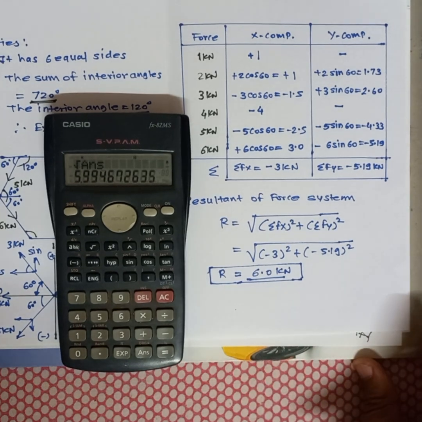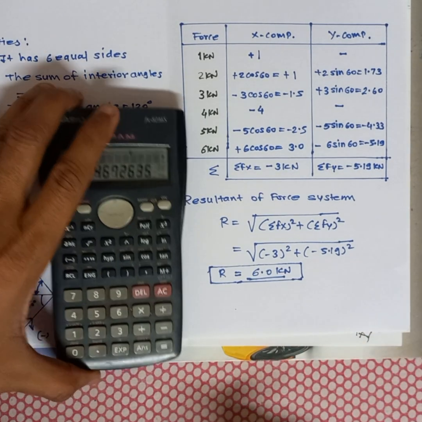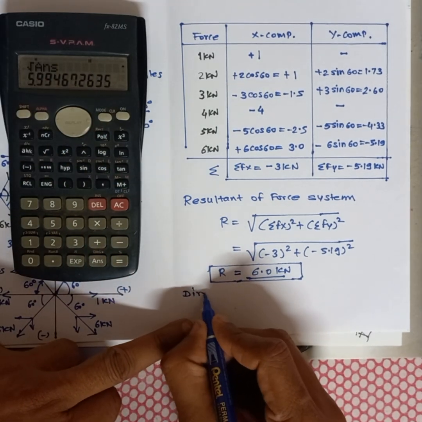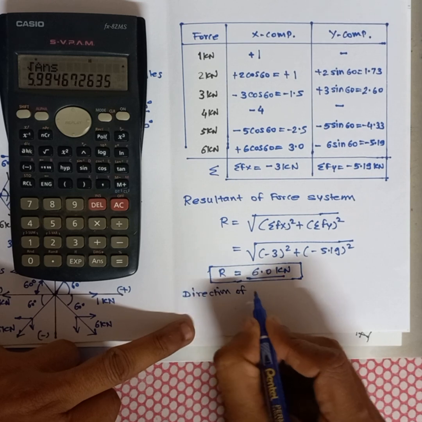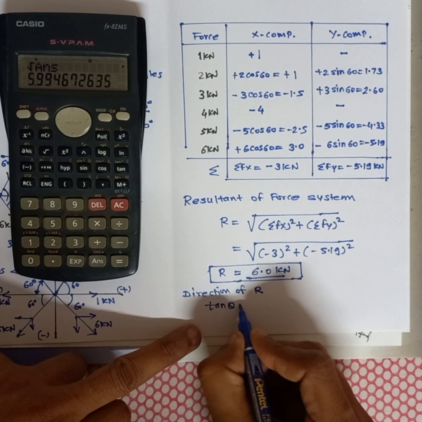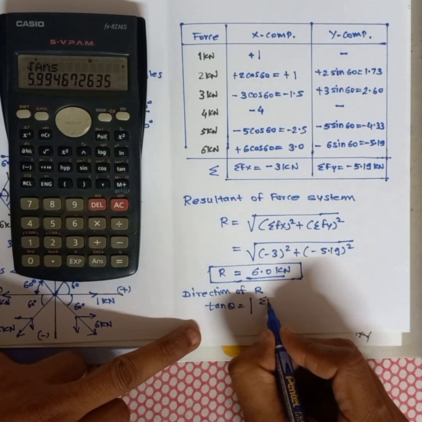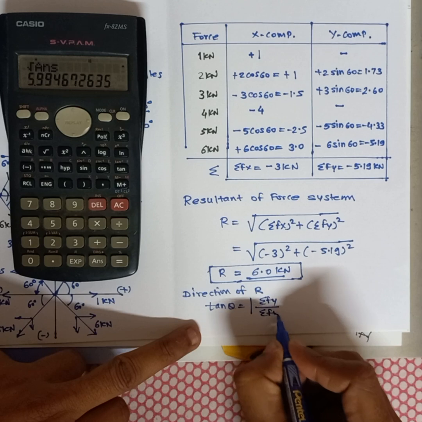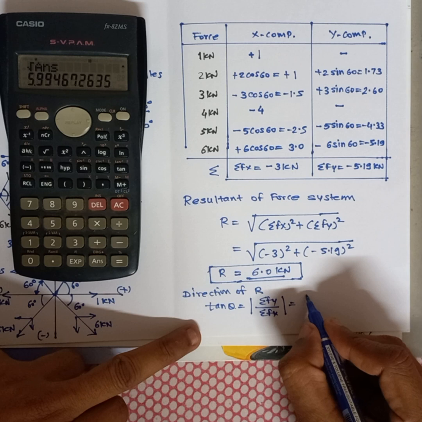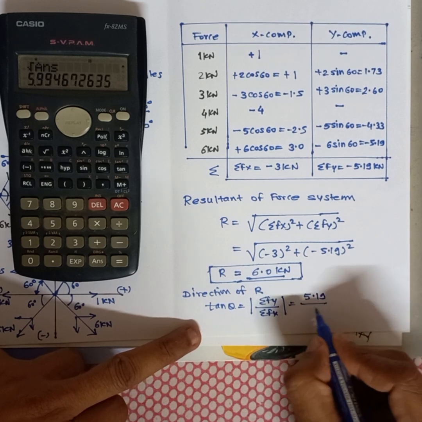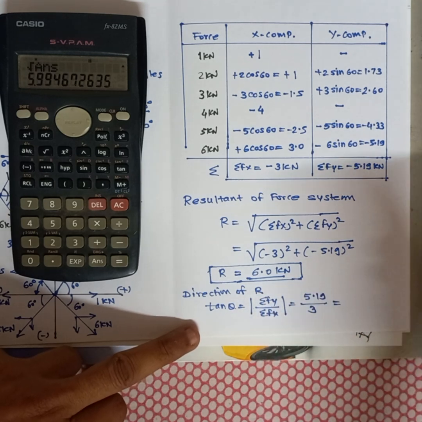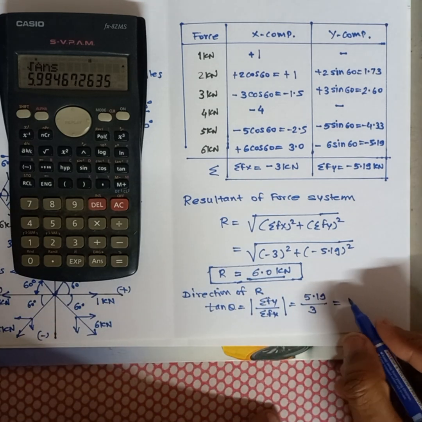Now we will find the direction of this resultant force and then show it in the coordinate system. So direction of R, that is the resultant force, tan theta equals absolute of summation of Fy upon summation of Fx. So simply put the values, it is 5.19 divided by 3, as it is absolute, no need to write a sign.